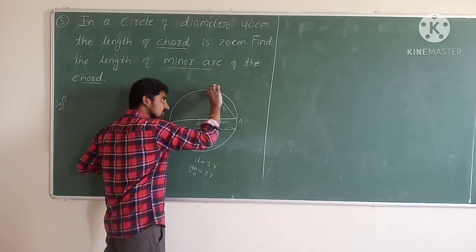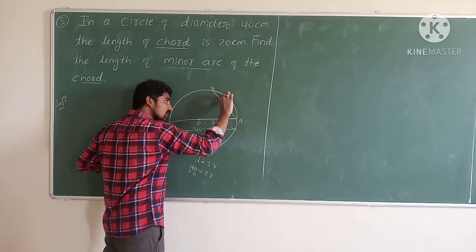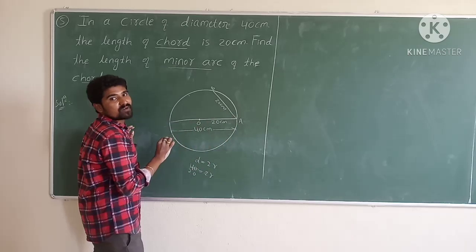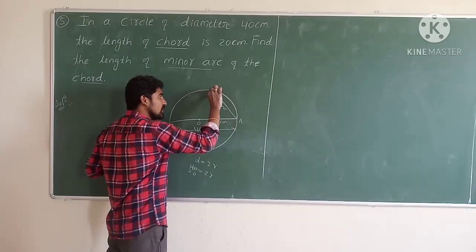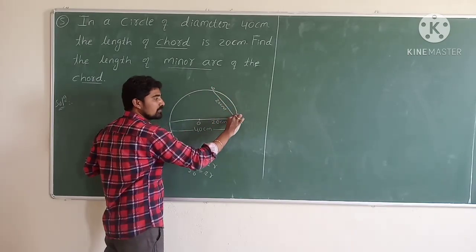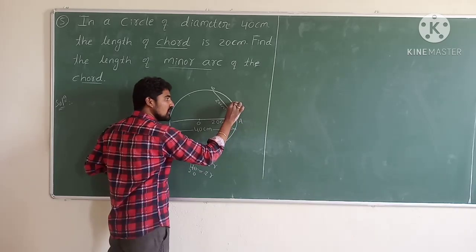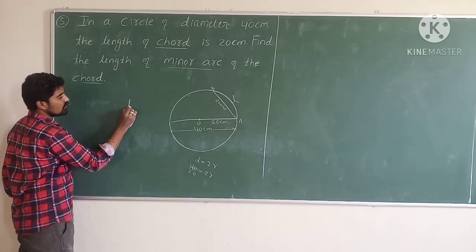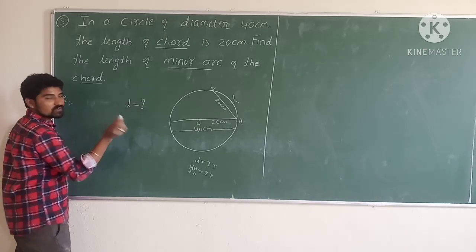We need to find the length of this arc AB, denoted by L. So we need to identify the value of L.